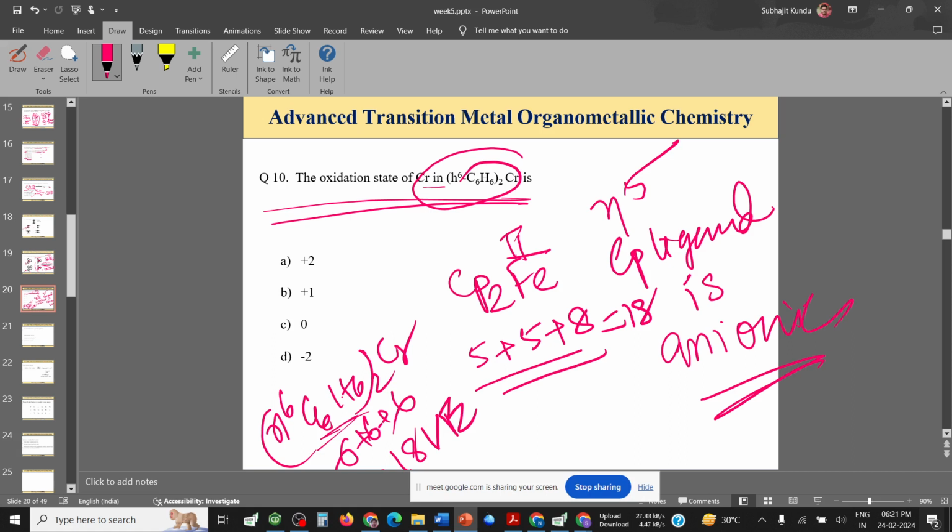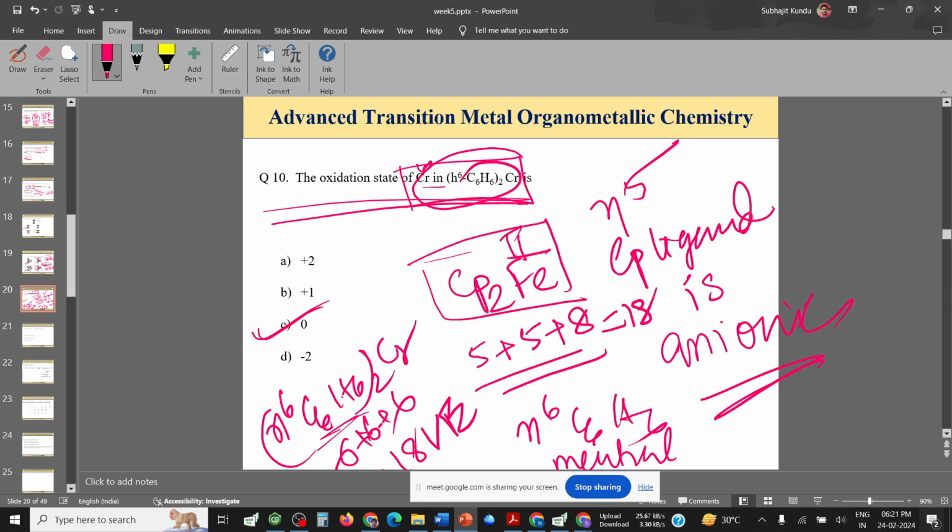But here the eta 6 C6H6 ligands are formed as neutral ligands, so the oxidation state of chromium will be 0. This is very important to remember to differentiate ferrocene from the bis arene eta 6 complexes.